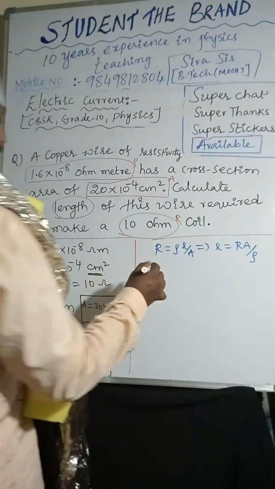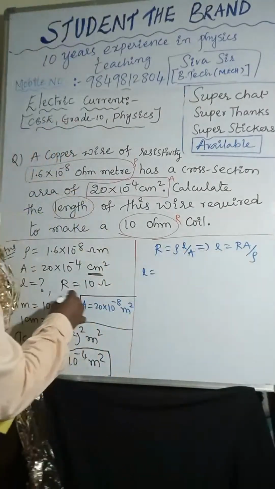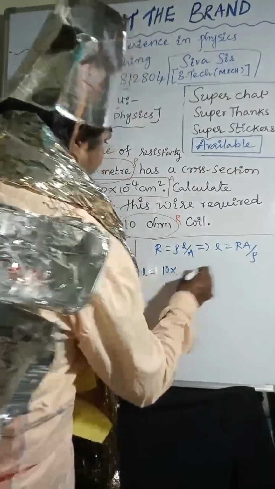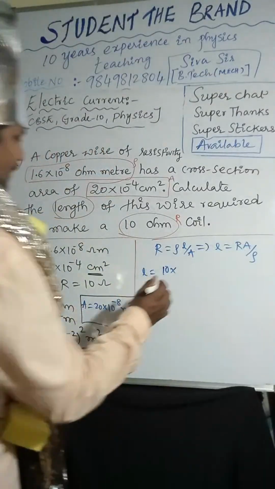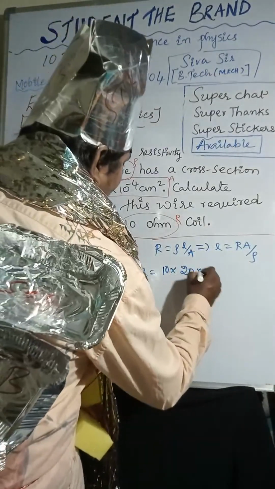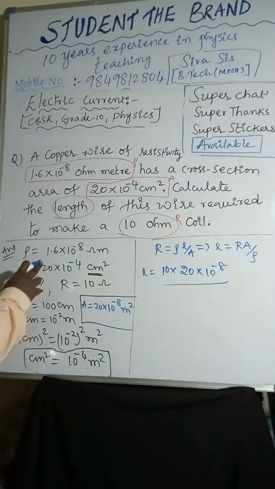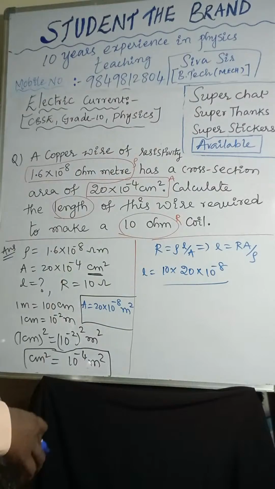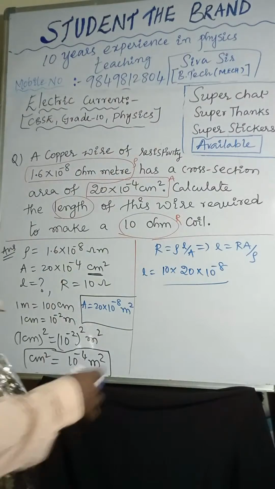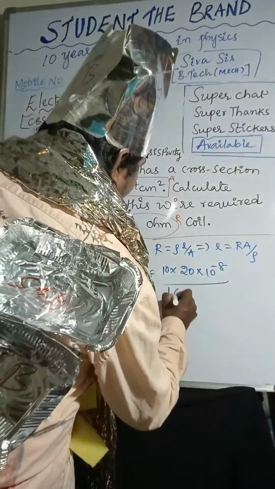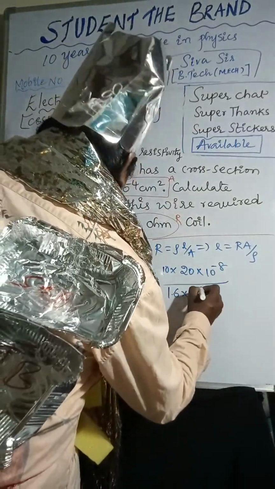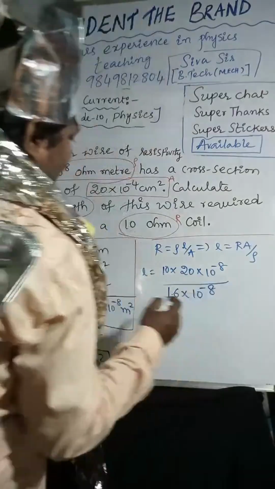Okay. Now L equal to resistance how much? 10. And area of the cross section is 20 into 10 power minus 8, by resistivity, how much? 1.6 into 10 power minus 8, right? So now you can cancel it.